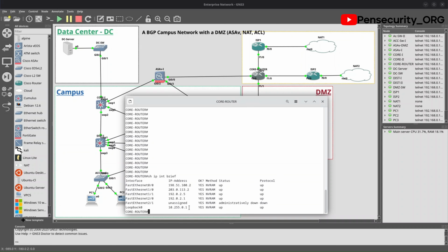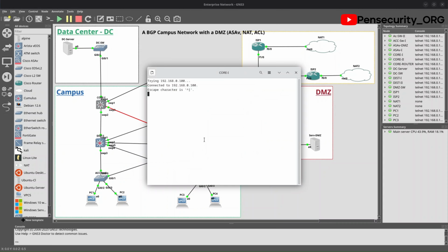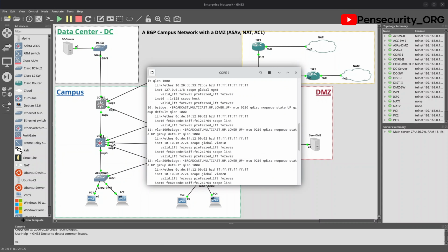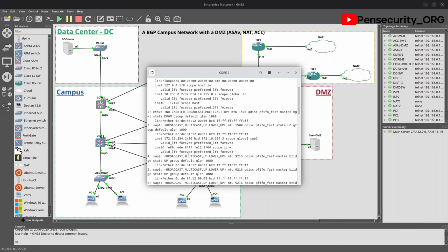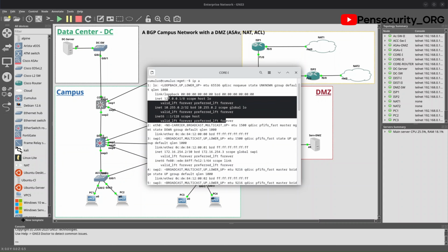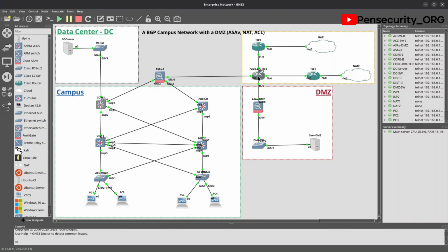If you remember, when I checked this particular loopback, you notice we have a loopback address at this core here, 10.255.0.2, but this loopback is not addressing this router.